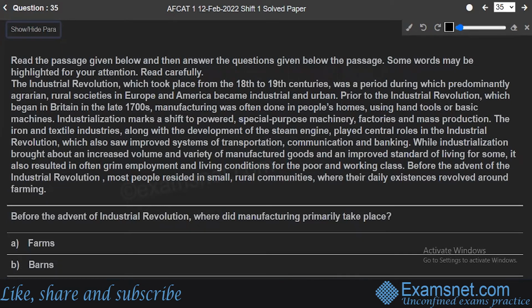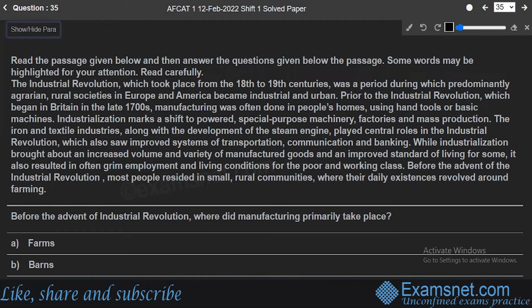Industrialization marks a shift to power-driven, special purpose machinery, factories, and mass production. The iron and textile industries, along with the development of the steam engine, played central roles in the Industrial Revolution, which also saw improved systems of transportation, communication, and banking.